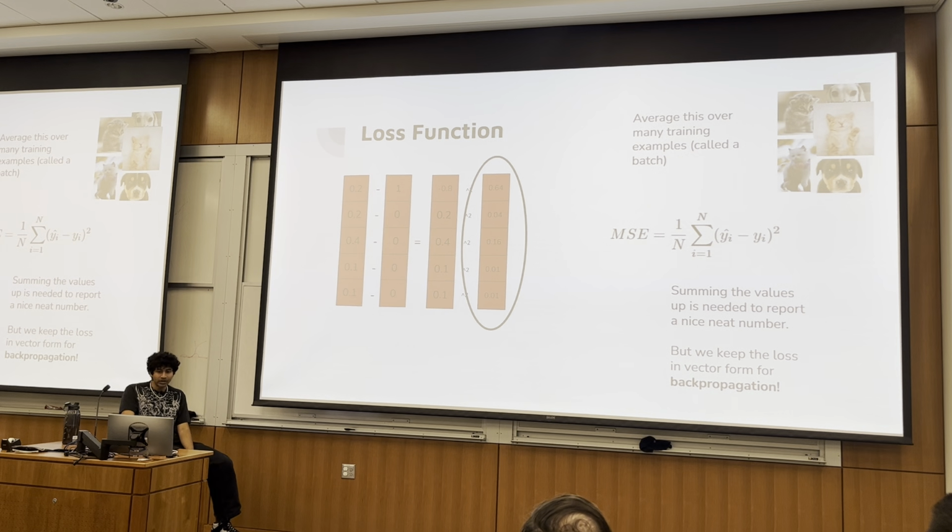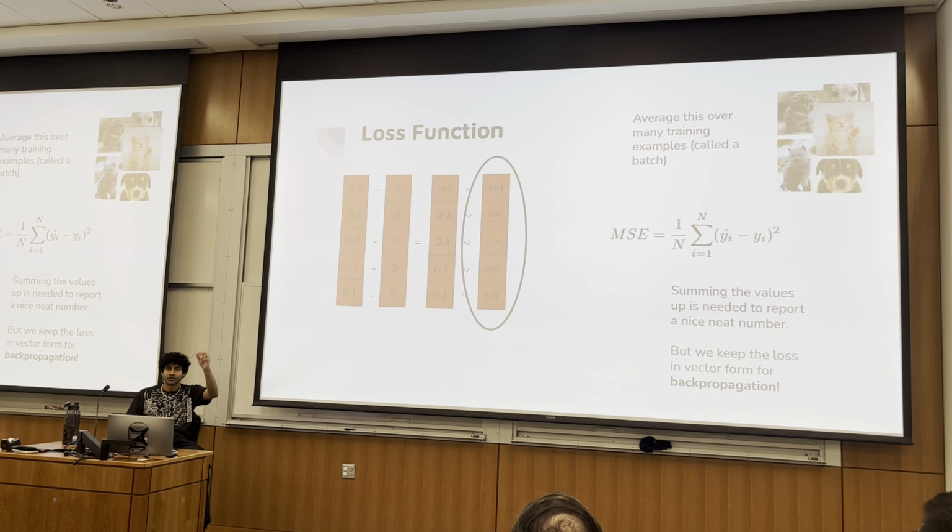So what I showed you here was the mean squared error loss function. That's just the formalization of it. Basically, you put a bunch of examples in a batch, is what it's called, and then you pass them through the network, you calculate this number for all of them, and you sum them all up and average it. And that tells you generally on this chunk of your training data set how well the network did, right?